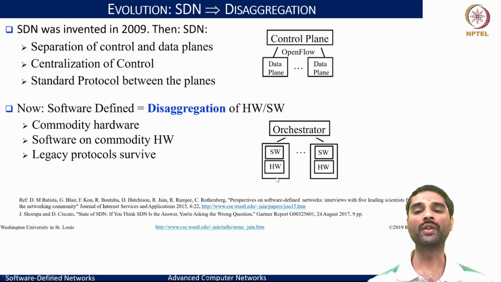And this entire SDN framework would allow us to build these networking elements at a very low cost and in an effective manner. Nonetheless, it would not mean that we are moving completely away from the legacy protocols. The legacy protocols could still survive, and we could have a combination of proprietary hardware or proprietary software to make them operate, but we would have a generalized interface for orchestrating each of these devices.